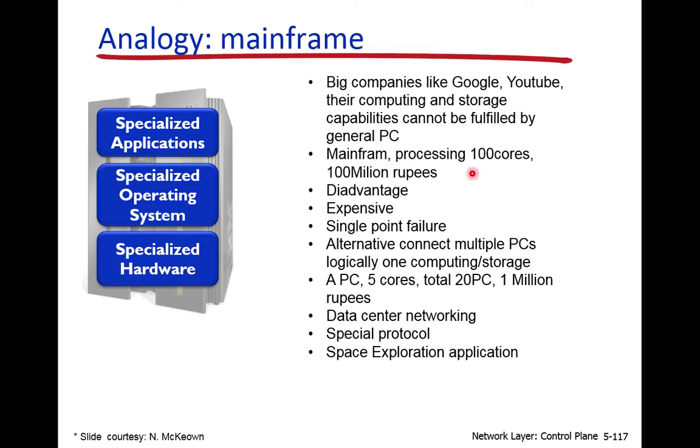That's why its processing power was very high, for example 100 cores, suppose. But due to their specialized nature, they were very costly. For example, it could cost, suppose, 100 million rupees.